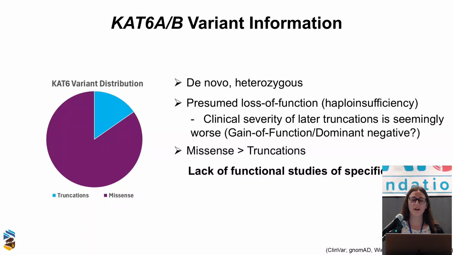One of the biggest significances of our study is that there's a lack of functional study for patient-specific variants, and so that's really where we come in. We are using the fruit fly as a model to study these genetic changes.